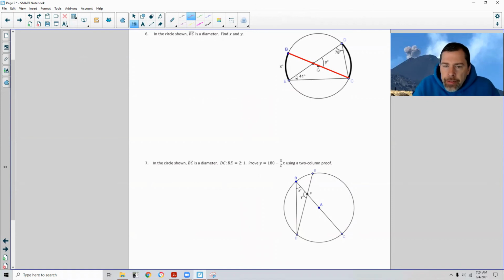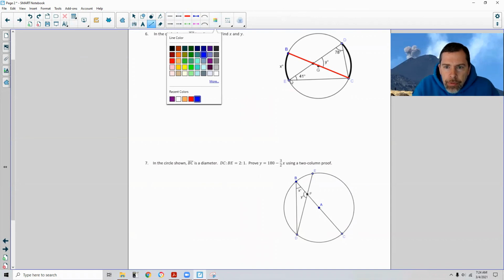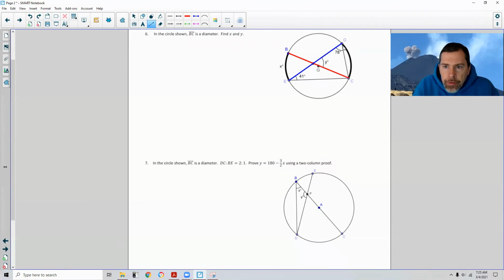In looking at this, first thing I notice is angle DEC is an inscribed angle right here. So that means that this angle times 2 equals this arc. So 41 times 2 is 82 degrees.